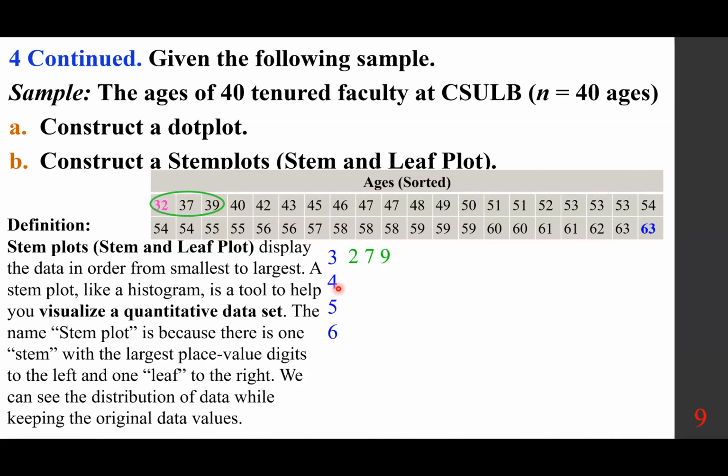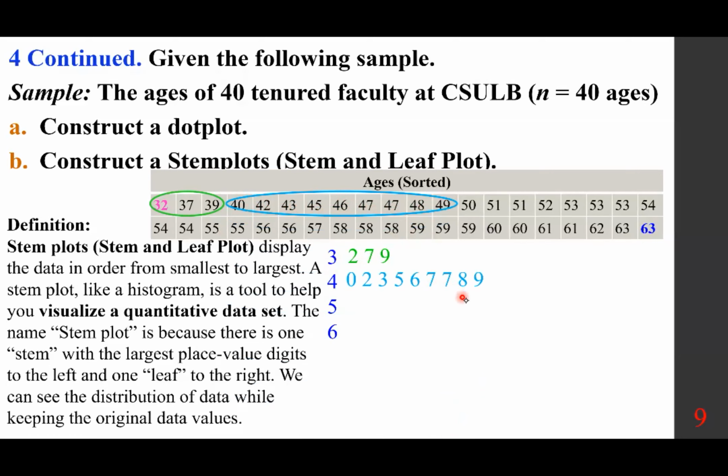In front of 4, I put 0, 2, 3, 5, 6, 7, and 7. I have 2 of them, 8 and 9. So in front of 4, I put them in that order. Again, this gives me 0, 2, 3, 5, 6, 7, 7, 8, 9.